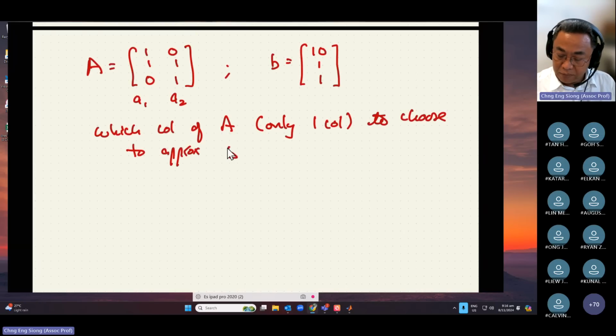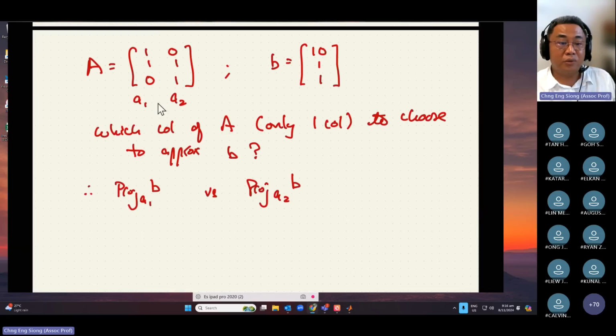B? So now, if I choose A1, then I'm trying to project B onto A1, right? Versus projecting B onto A2. Agree? So I choose whichever results in nearer. This is B using column 1 hat.